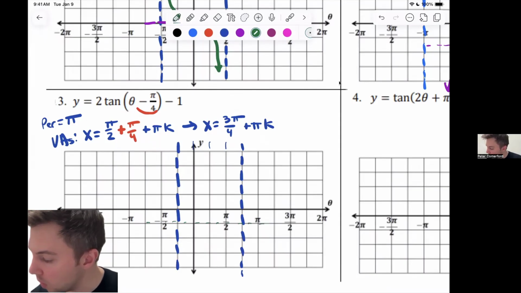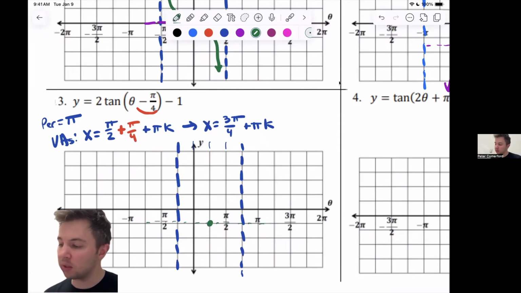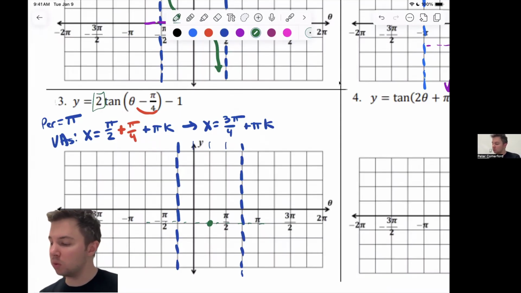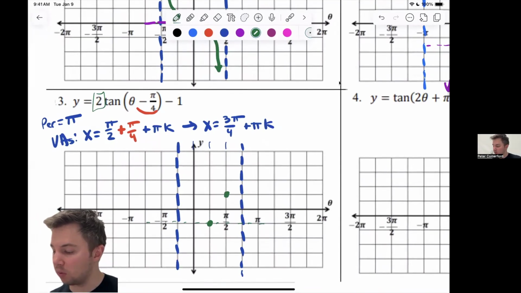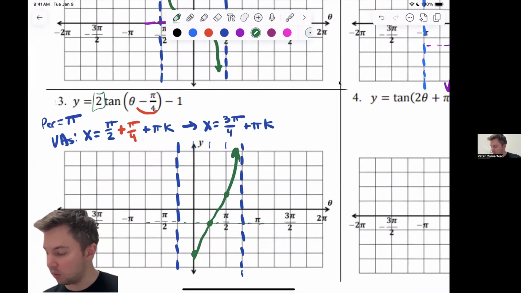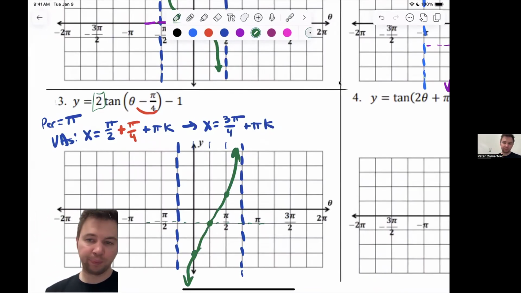So I'll put my middle point, my center kind of there. And then my vertical dilation is by 2 this time. So I go over halfway to the asymptote, up 2 on the right side, halfway to the asymptote, down 2 on the left side. And I kind of do my best to connect that and make the graph.